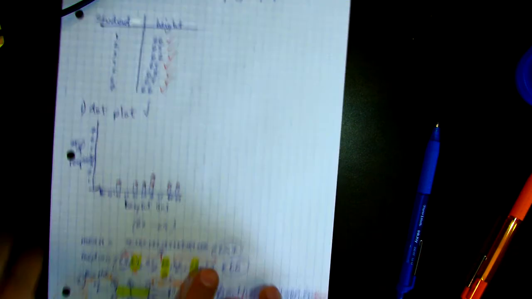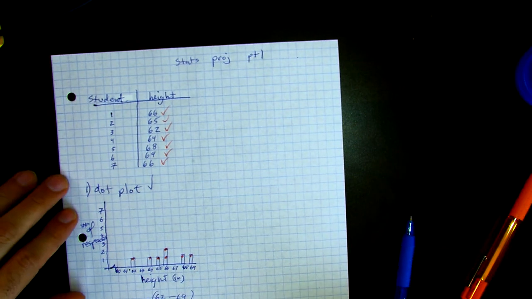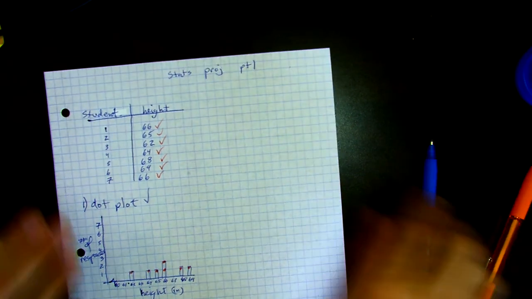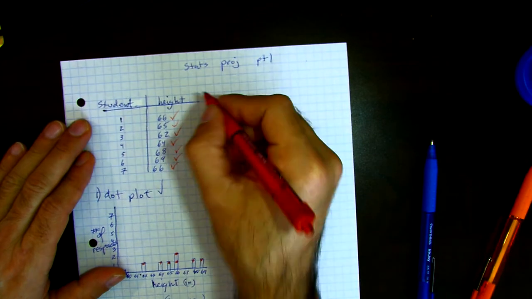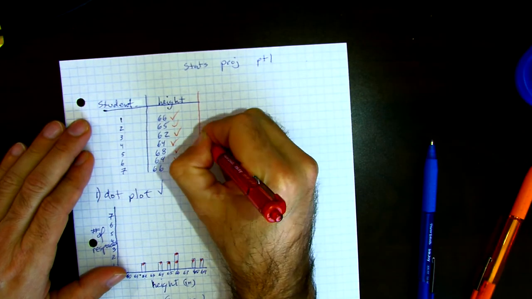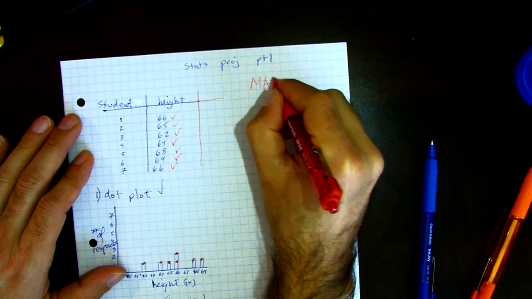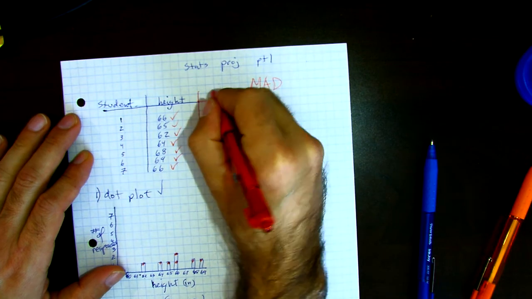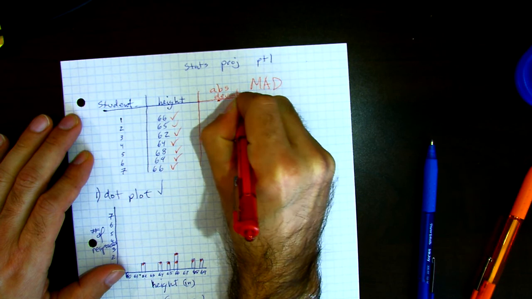Okay. Now the reason why I'm doing the MAD last is because I already have this set up like this here. What I'm going to do is add to this, because now I'm doing the MAD. This is going to be our absolute deviation.